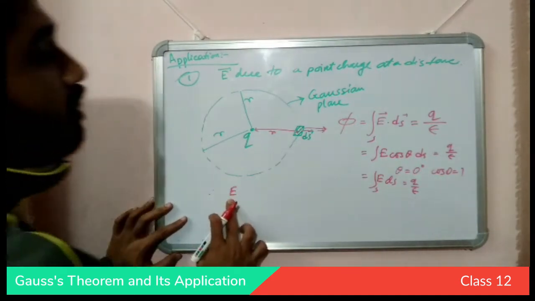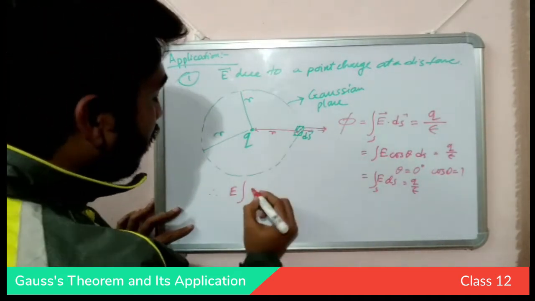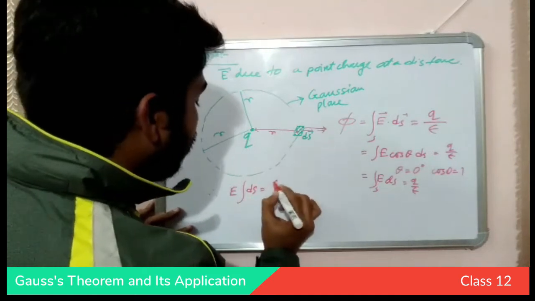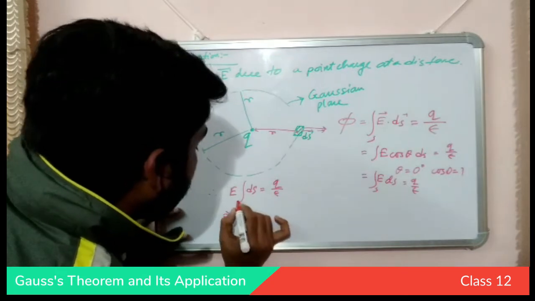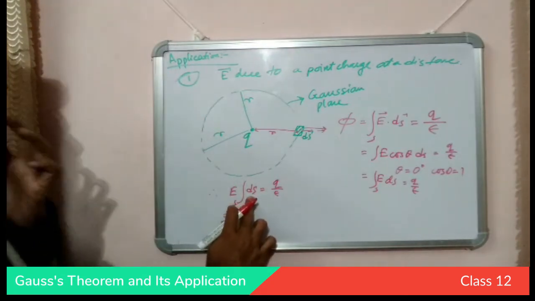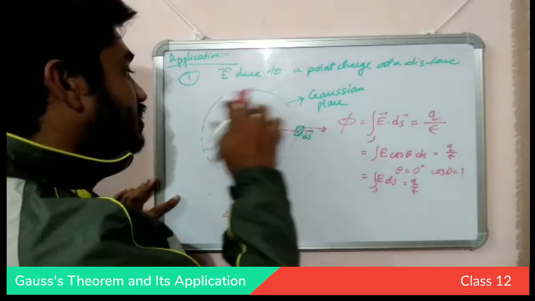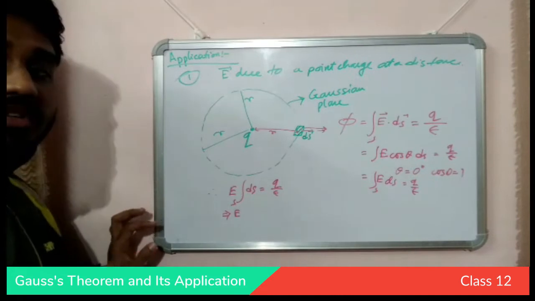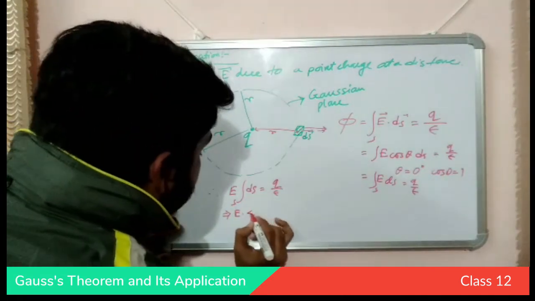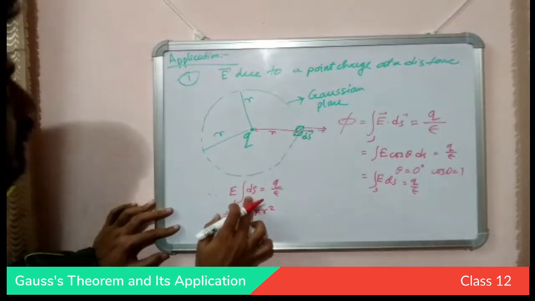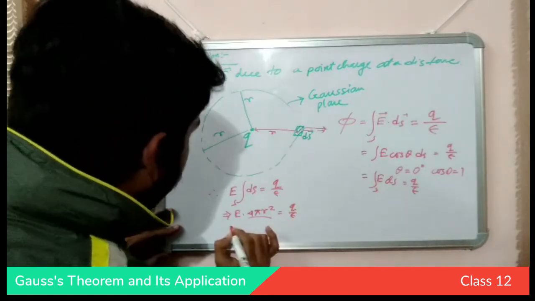As E is uniform, we have mentioned earlier that E is uniform, so we can pull it out from the integration, and integral of ds is equal to q by epsilon. ds is the surface element, and if we integrate all over the sphere, the surface area of the sphere is 4 pi r square. So E times 4 pi r square is equal to q by epsilon.